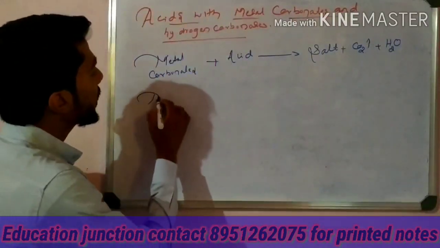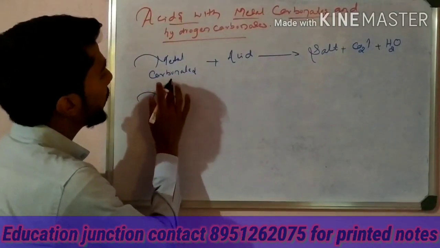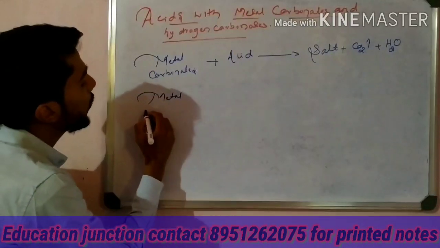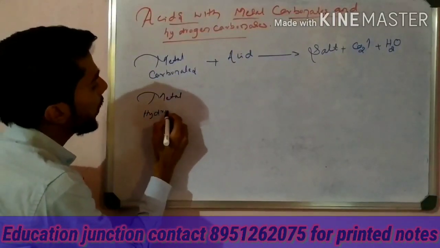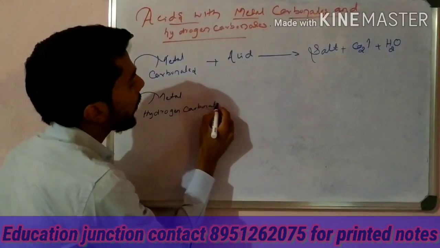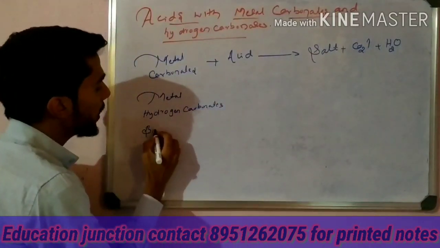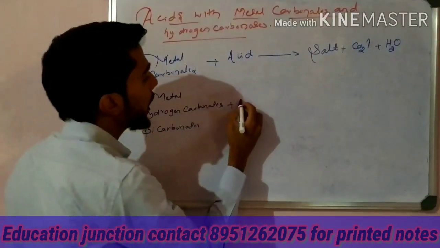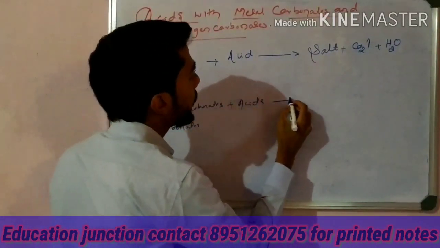Same when acid reacts with sodium bicarbonate. When acid reacts with carbonate, carbon dioxide gas is liberated. Metal hydrogen carbonates are also called bicarbonates. Bicarbonates with acids, what happens, students?